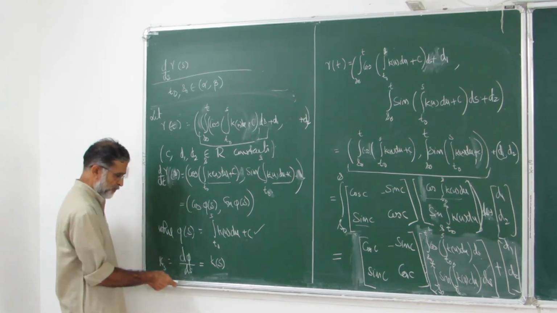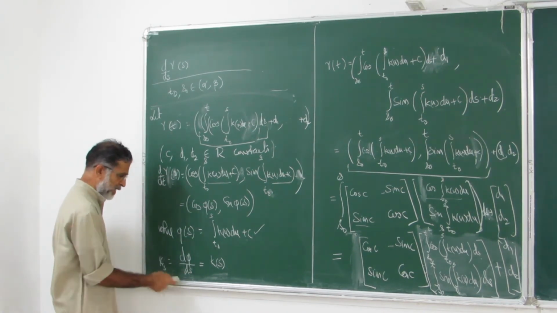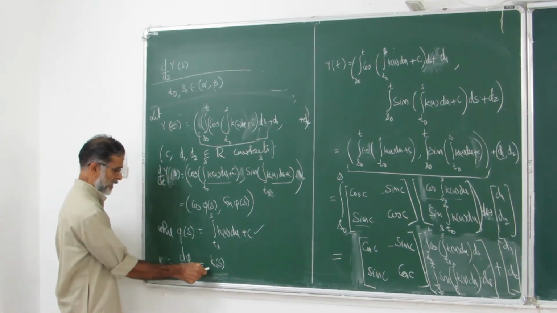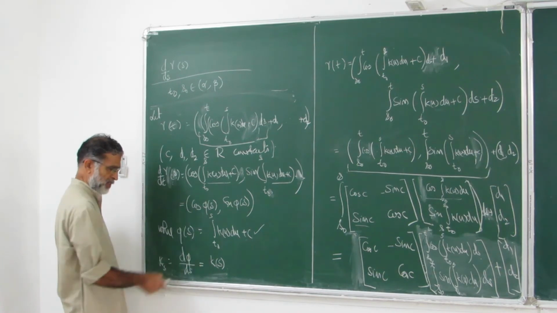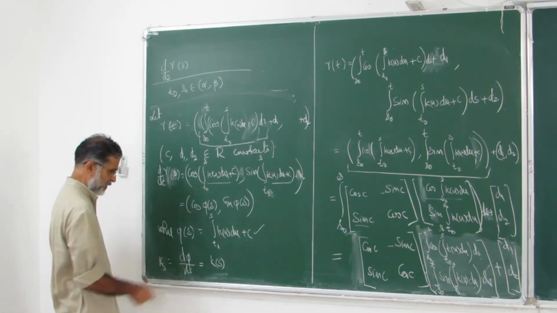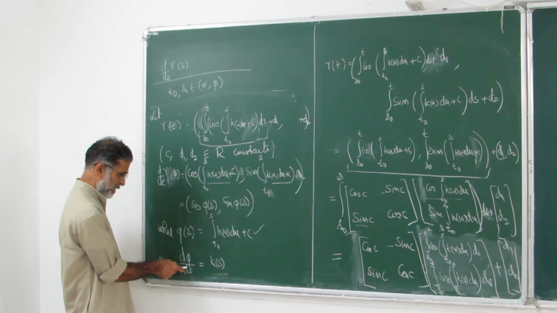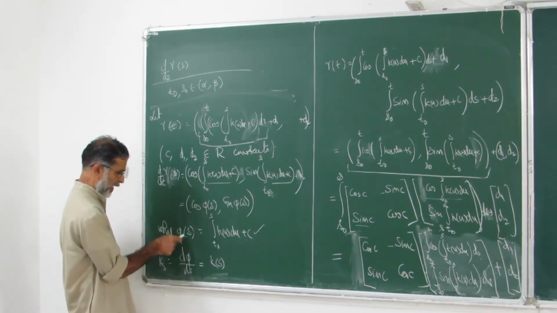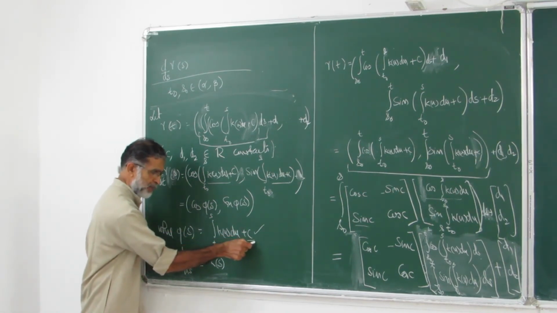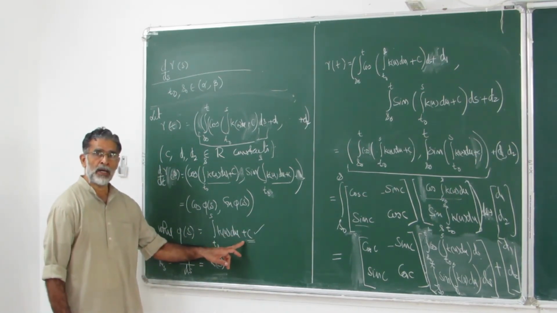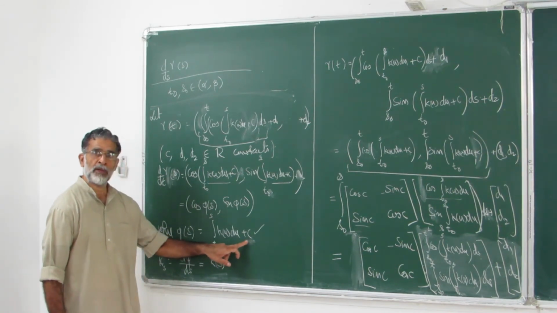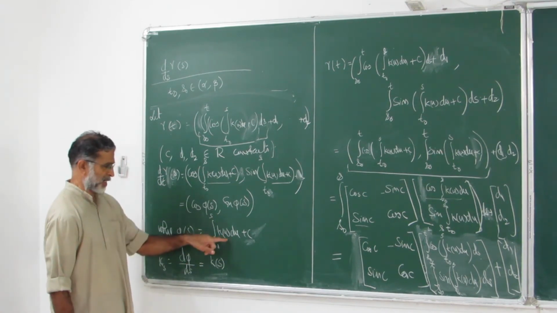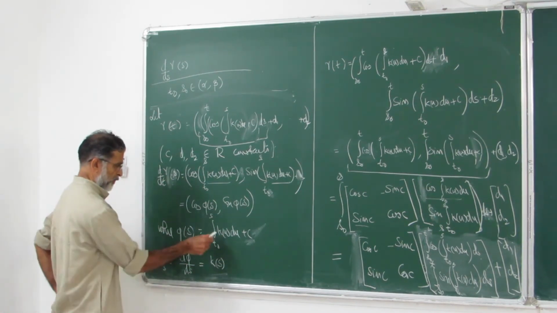Therefore, if any curve has signed curvature Ks, then d phi by ds has to be Ks. That's what signed curvature is. Integrating k, you get phi, up to an additive constant.